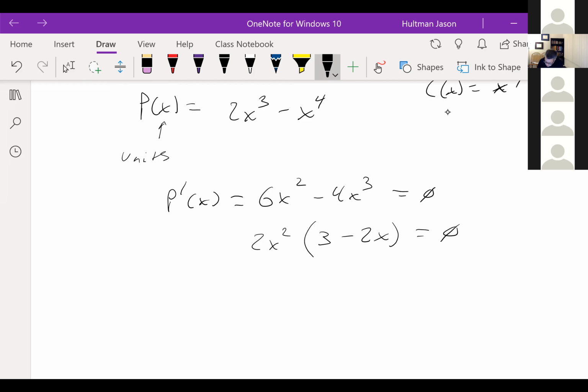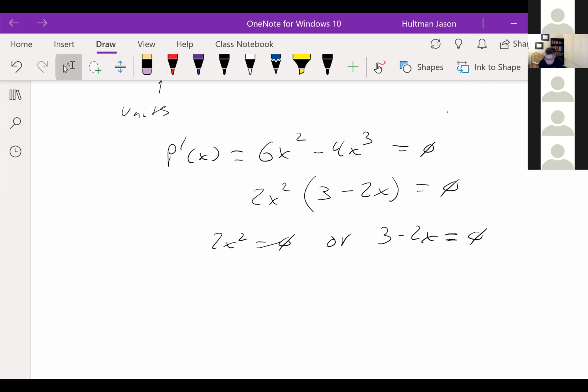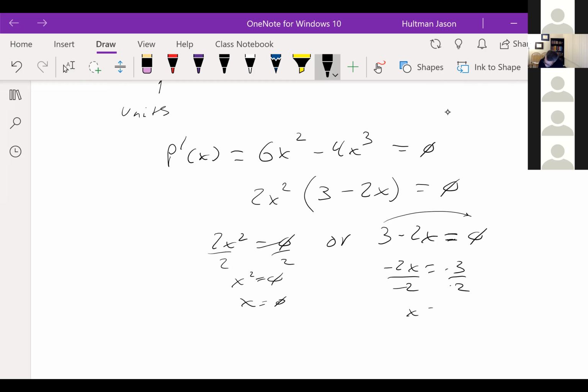Now let's set these equal to 0. 2x squared is equal to 0, or 3 minus 2x equals 0. I'm going to divide by 2, x squared equals 0, which means x equals 0. I'm going to toss 3 to the other side. That becomes negative 2x equals negative 3, divide by negative 2. We get x equals 1.5.